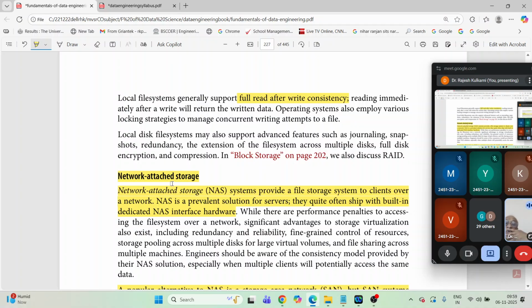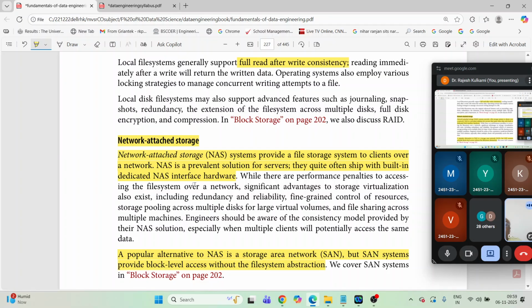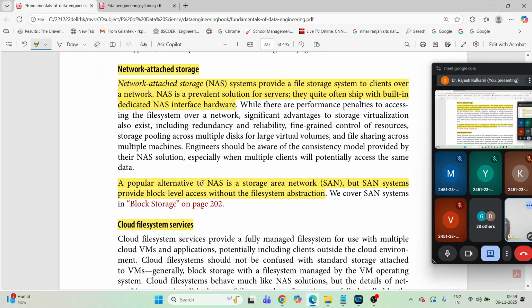It may require a huge storage, so that will be sufficed with the help of SANs and NASes. So NAS stands for what? Network attached storage. Okay. You have dedicated NAS interface hardware. Now, the alternative to NAS is SAN, storage area network. They provide block level access without the file system abstraction.